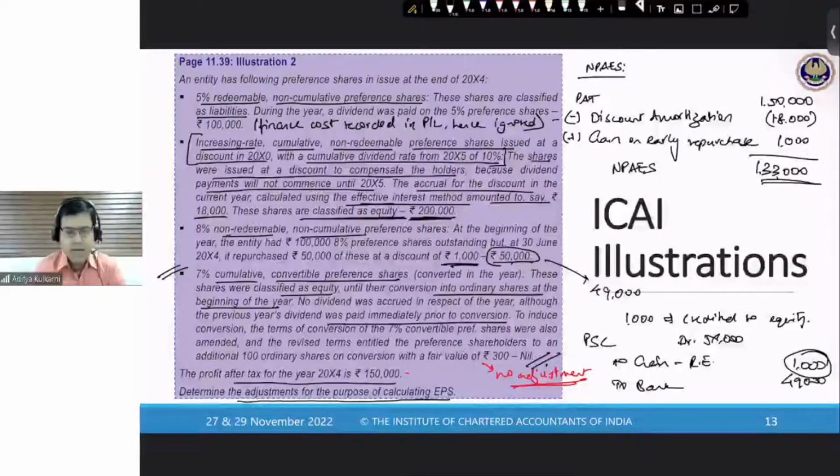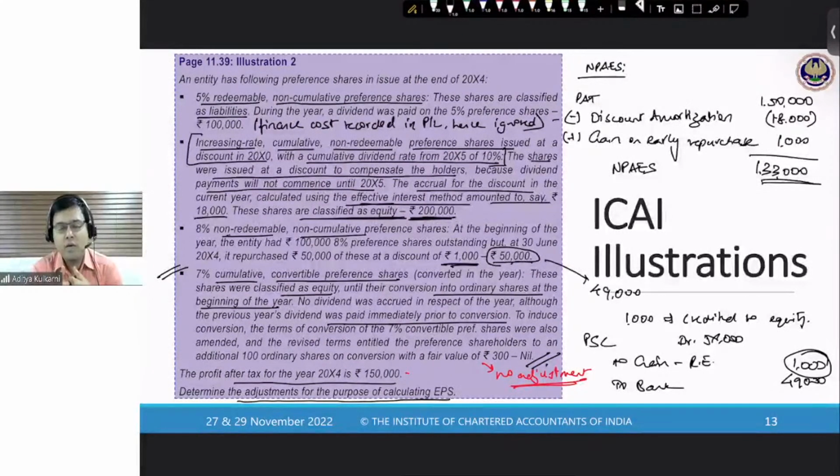Ideally, as I was telling the other day also, whether you pay a premium on redemption or conversion, you will have to look at what the original instrument was classified as. If the original instrument was a financial liability, whether you convert or not, forget that.